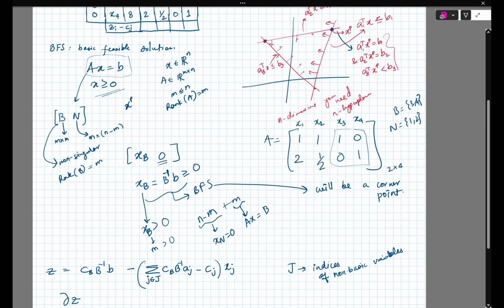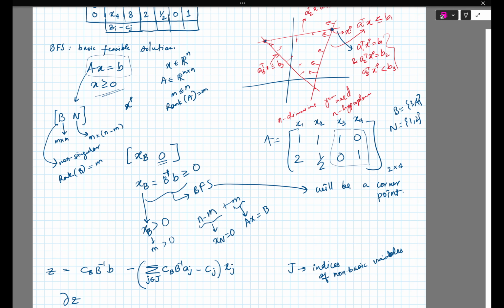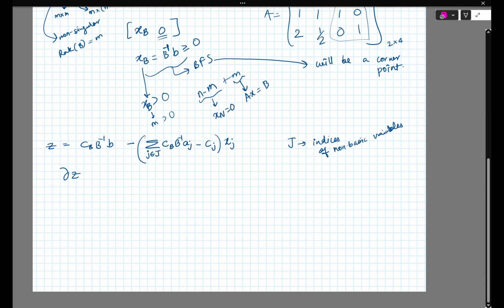Some variable has to come to the basic set, and some basic variable has to go to the non-basic variable set. Okay. So when this transition happens, you again get n constraints active, and you get a corner point, a different corner point basically. Okay.